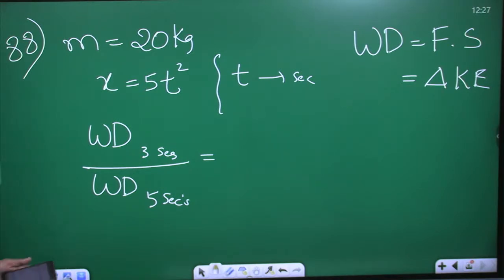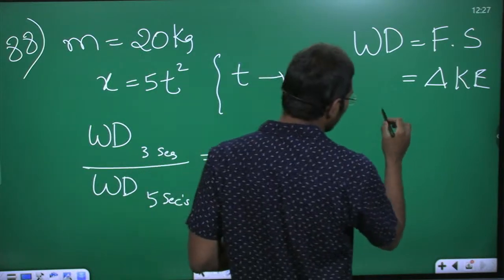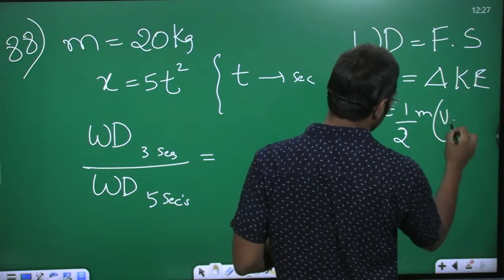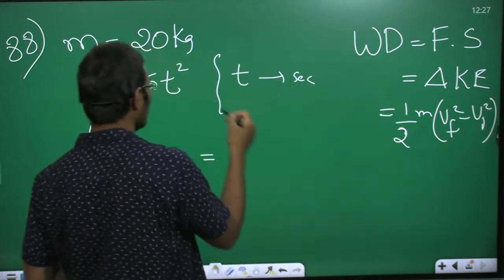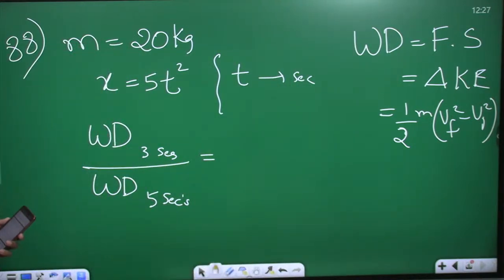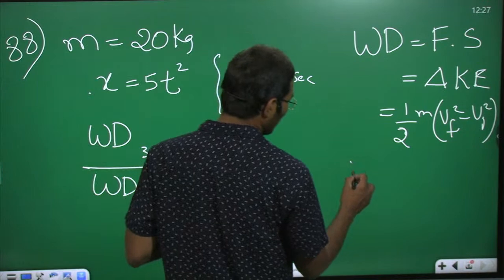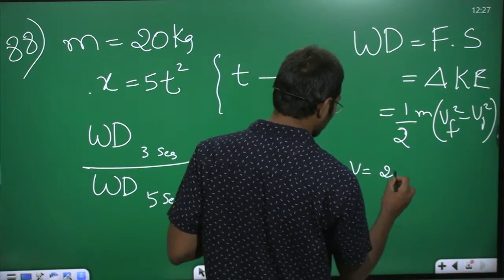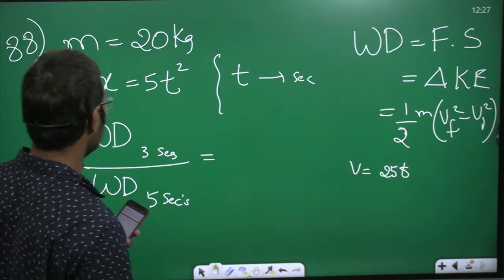So we have displacement, right? How do you find delta KE? Half m into v final square minus v initial square, right? Then how can we find velocity from x equal to 5t square? Here x is nothing but displacement. So to find velocity, we need to differentiate displacement, which gives velocity at time t equal to 10t, right?